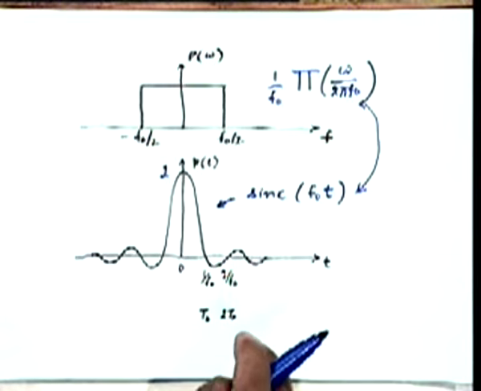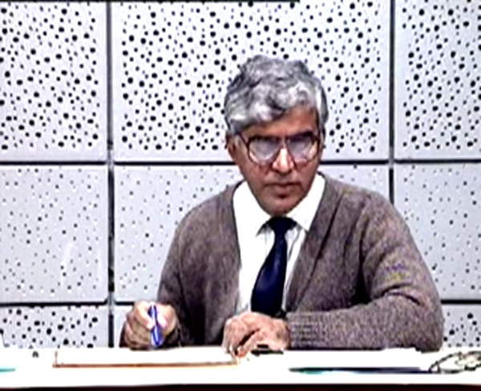Let us talk about some practical problems with this pulse shape. One problem has already been pointed out by your friend, and that is a small timing error which may be due to maybe the transmission rate is slightly changed, due to instabilities of the clock. Maybe your sampling rate at the receiver is slightly changed due to again instabilities of the clock, or maybe your timing extraction circuit has some timing jitter associated with it.